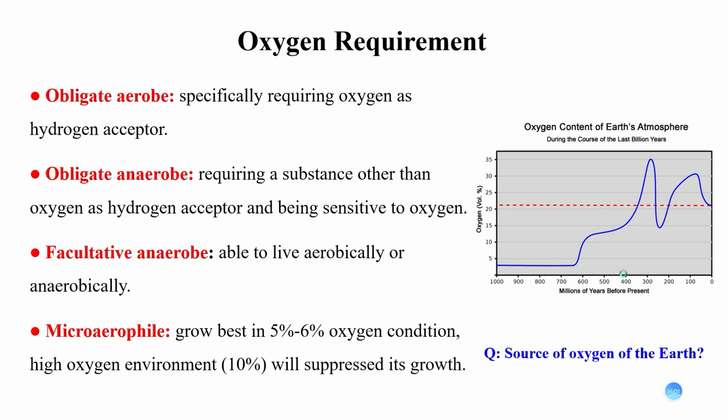So oxygen is actually toxic to them. For example, some bacteria discovered deep in the soil don't like oxygen at all. If you culture them in normal conditions in the lab, they don't grow. They will be killed by oxygen.